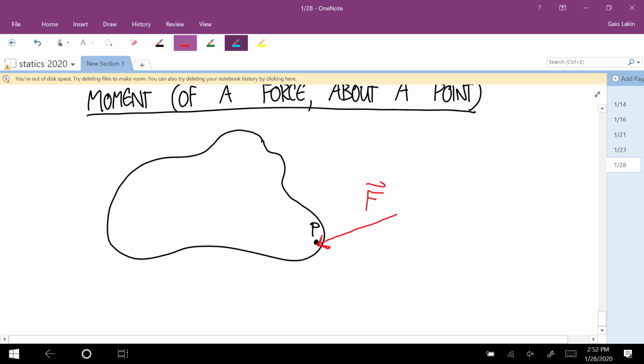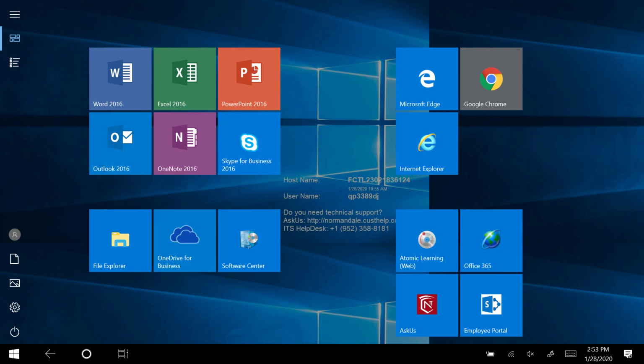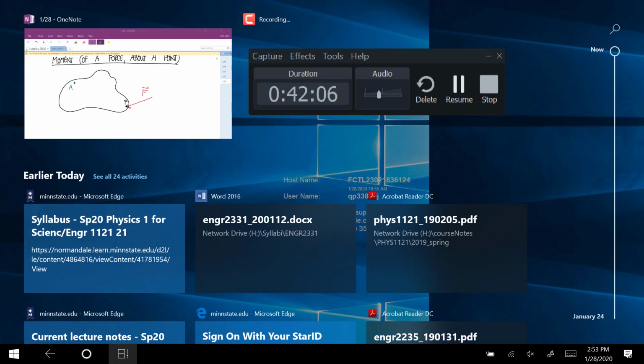So this is the force vector F. And then let's say that this is the point that you're calculating the moment about. So this is A. Then draw a vector that goes from A to P.